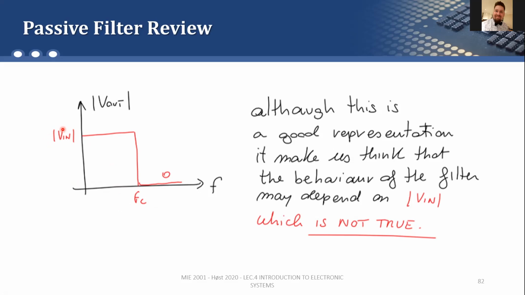The filter is a low-pass filter regardless of the value of the input. The only thing that changes is this value here. It can be 3 volts or 5 volts, depending on the input signal, but it's still a low-pass filter, and that is what we want to highlight from this plot.